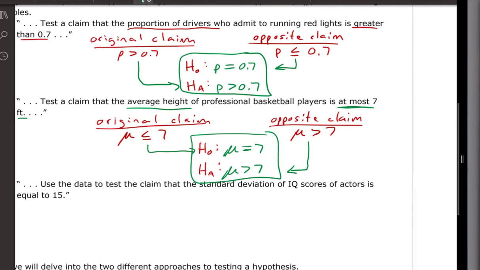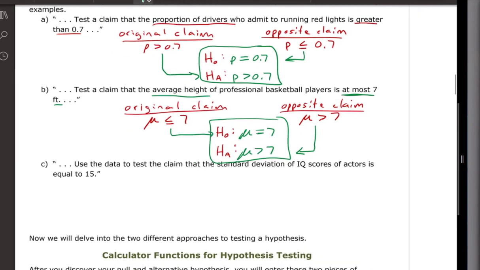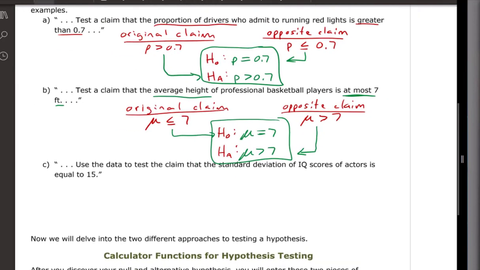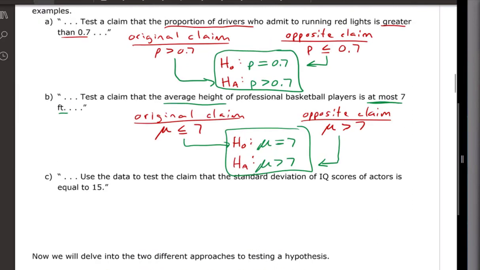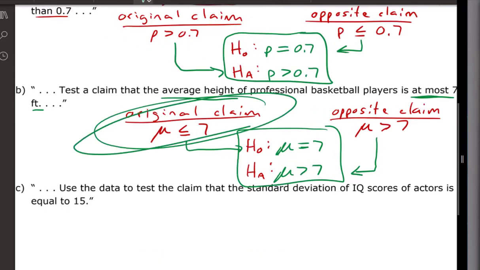Right there. And a lot of times, people get caught in this situation where they read the problem and they're like, oh, the claim that's in the problem will always be my null hypothesis. Sometimes that happens. Like in this problem right here, the original claim did become your null.